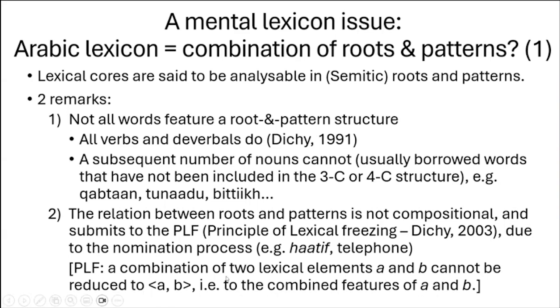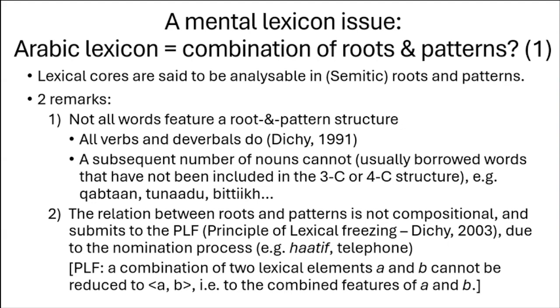It's used now. But when you combine the two elements, A, say the root, and B, the pattern, what you get is a result that cannot be reduced to the features of A, the features of the root, or to the features of the pattern.